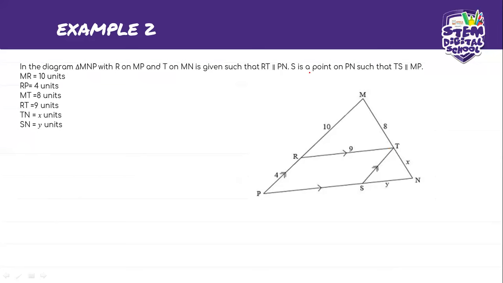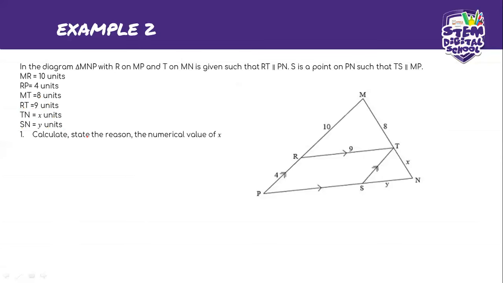S is a point on PN such that TS, where's TS? Yes, TS is parallel to MP. It says MP equals to 10 units, RP equals to 4 units, MT equals to 8 units, RT equals to 9 units. Then TN equals to X units, and the last one, SN equals to Y units, right?